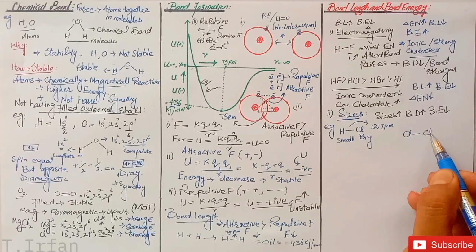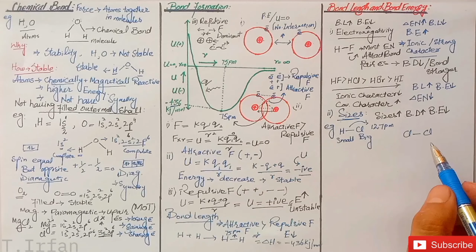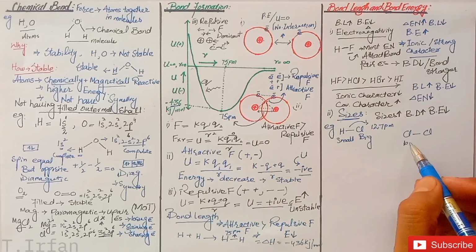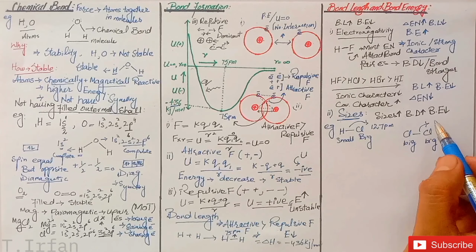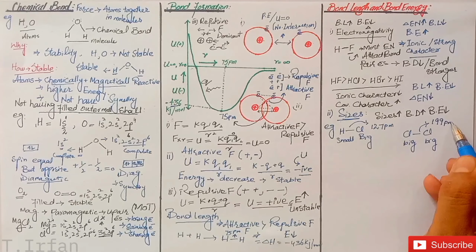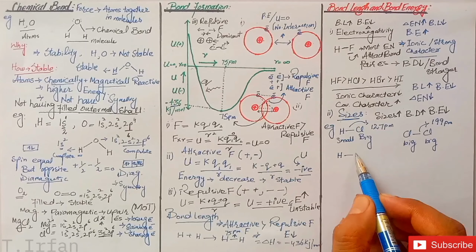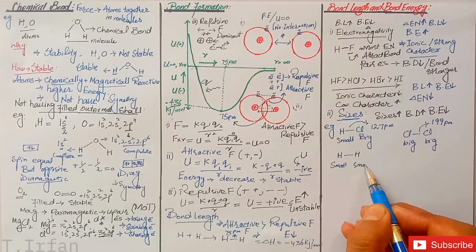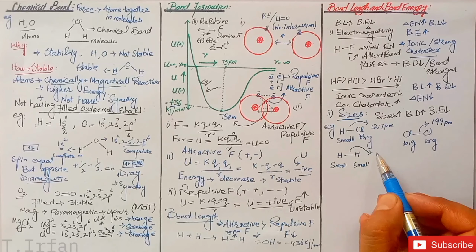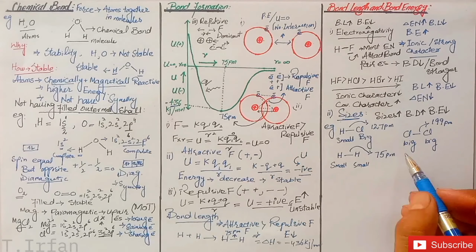In the chlorine molecule, both atoms are bigger and the bond distance is higher, which is 199 picometer. In the hydrogen molecule, both atoms are smaller, so the bond length is lower, which is 75 picometer. We can say this is a stronger bond.